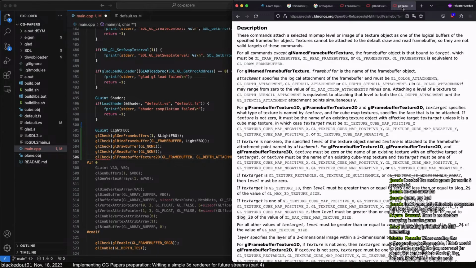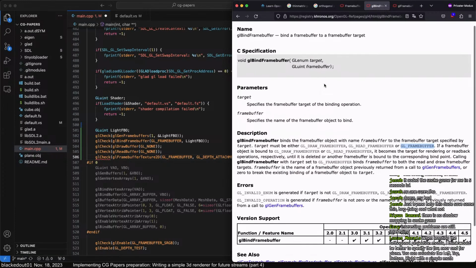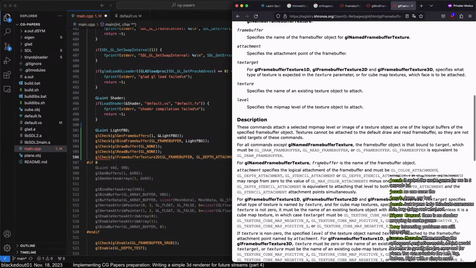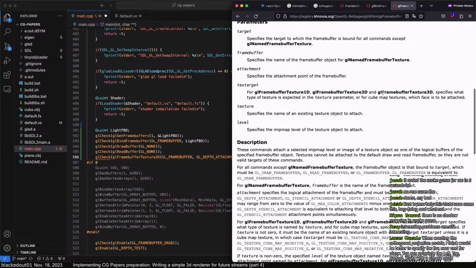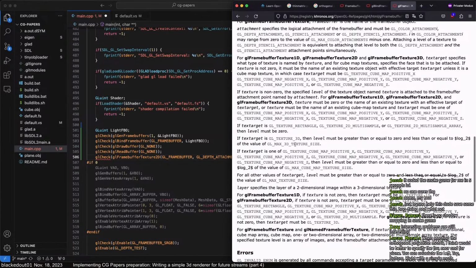And then, wait, the next parameter is the texture target. We just want to use a plain texture. So we would use, where is it?